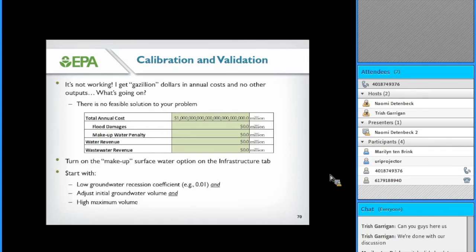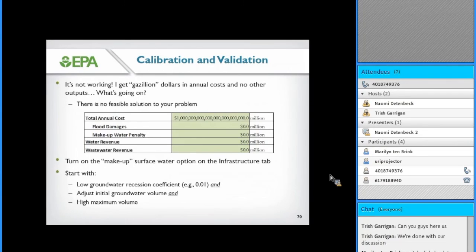That's the makeup surface water option that I covered earlier this morning in the infrastructure tab. It basically lets the model pick this amount of water to make up the water balance, and it at least allows you to see some results and see what day or days are causing the problem.